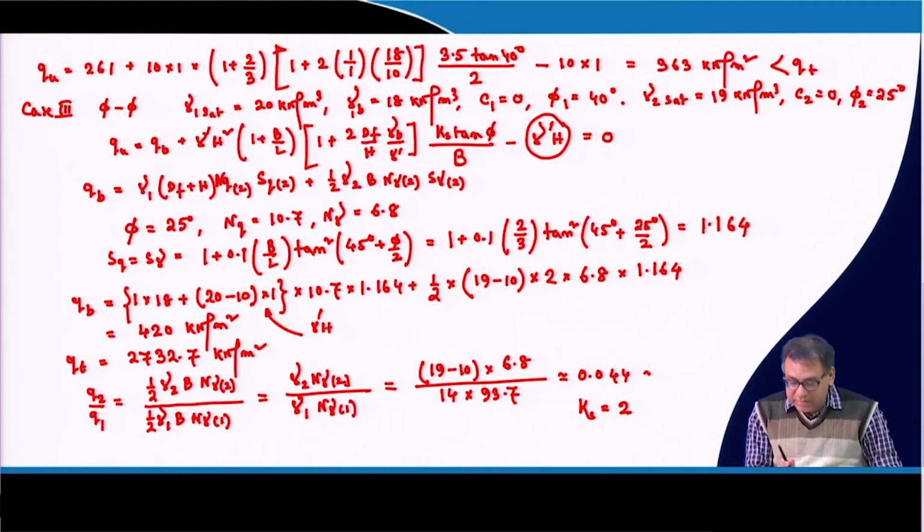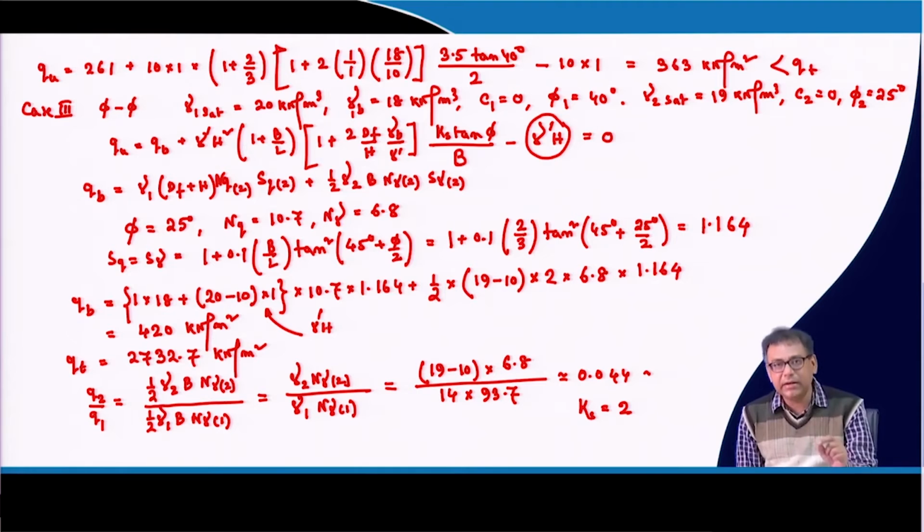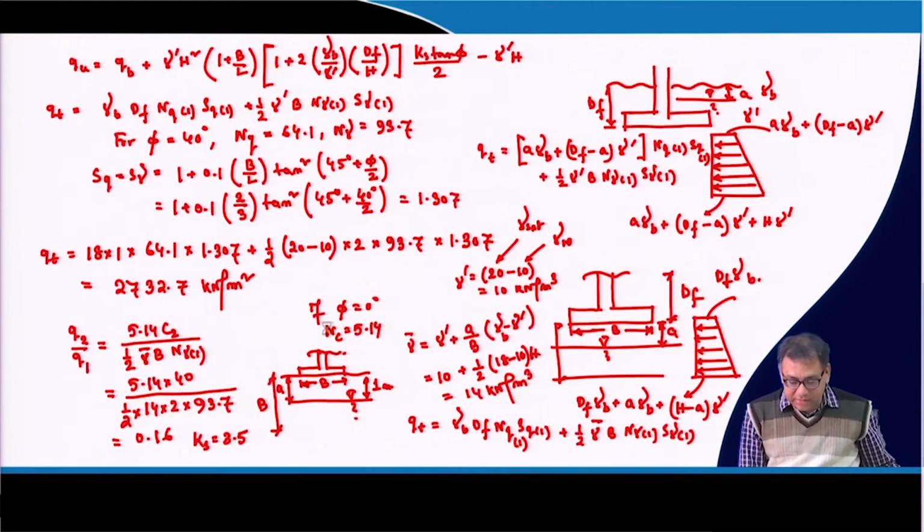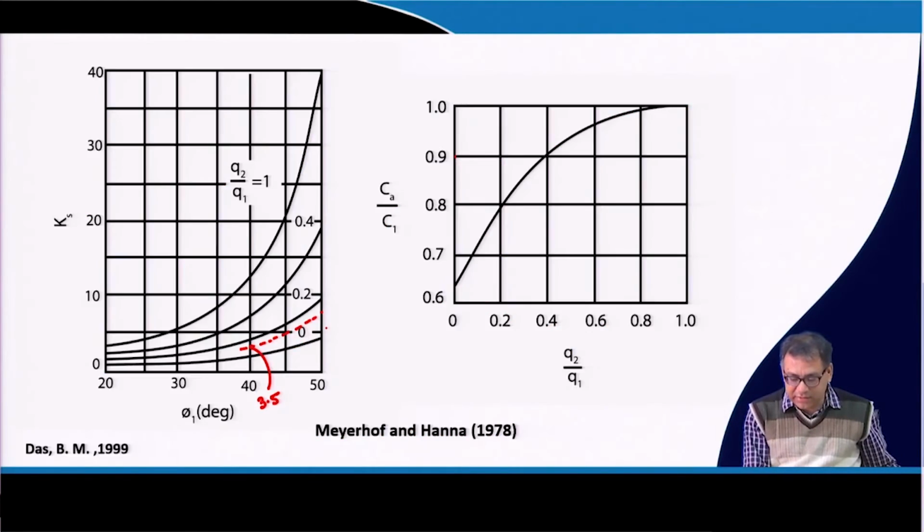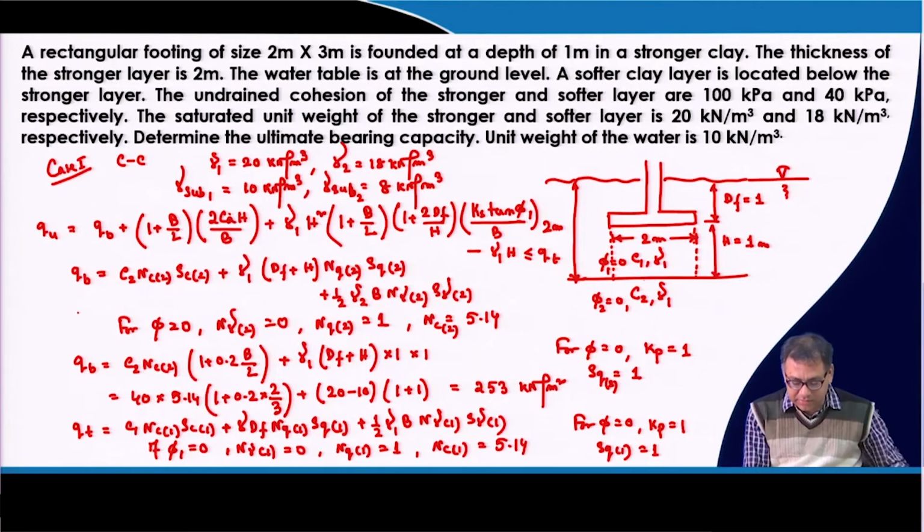Now, if I subtract gamma dash H directly, for a clay soil there is absolutely no issue, because for clay NQ is 1 and the shape factor is also 1. You can see that for clay, in case 1, NQ is 1 and the shape factor is 1.